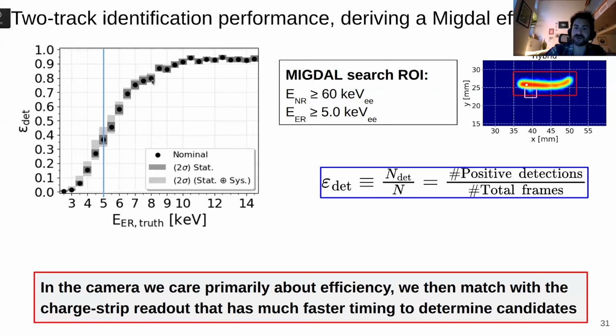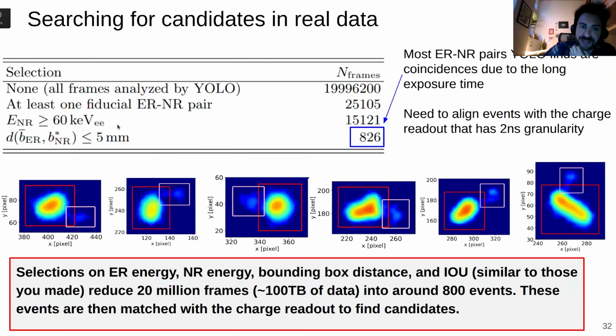Now, in order to actually quantify the amount of Migdals we expect to see given a certain amount of exposure to our neutron beam, you have to also look at the Migdal production cross section. So how likely is a Migdal event to happen at each energy? That's the next stage of the analysis.